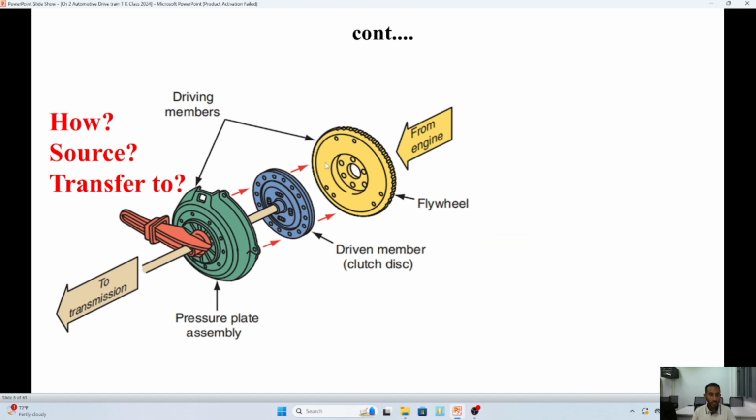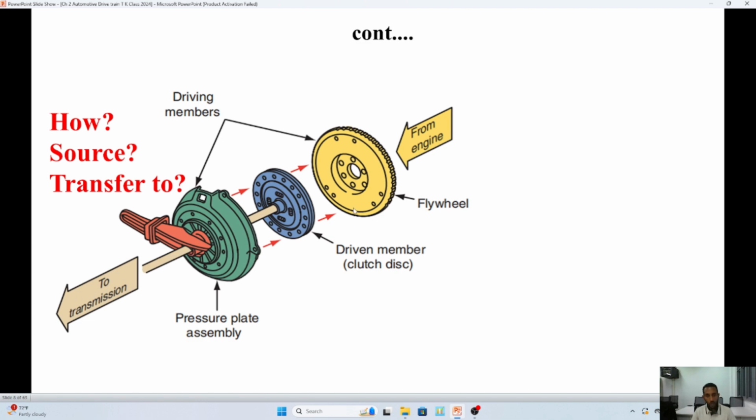The source of power is always the engine, which is the flywheel, and the pressure plate assembly will be bolted to the flywheel, which is bolted to the crankshaft. And the power is always transferred to the transmission by means of the input shaft.